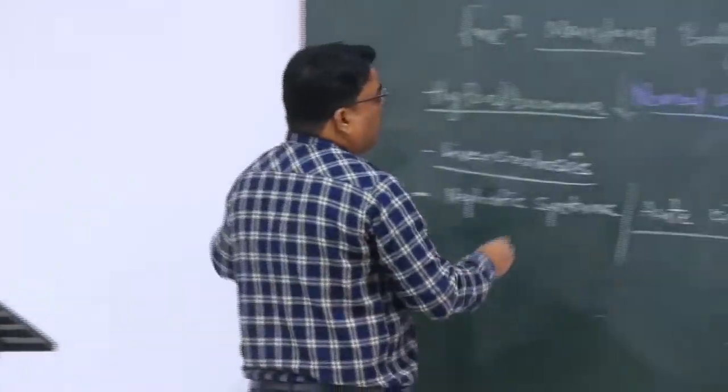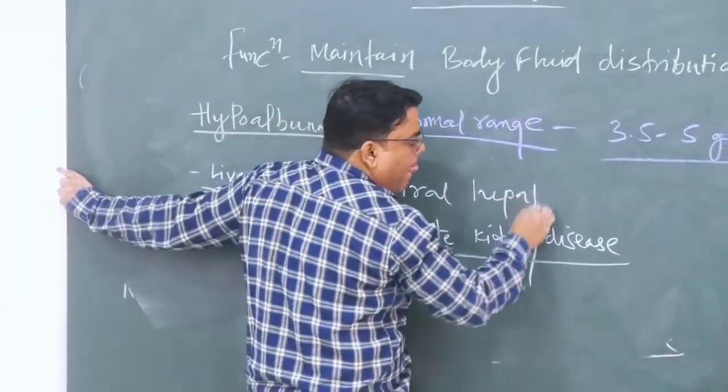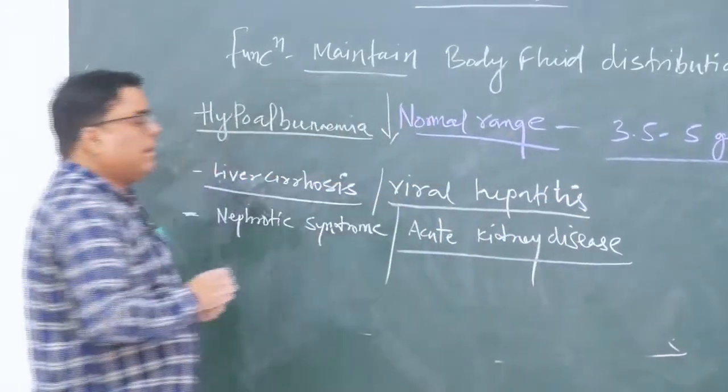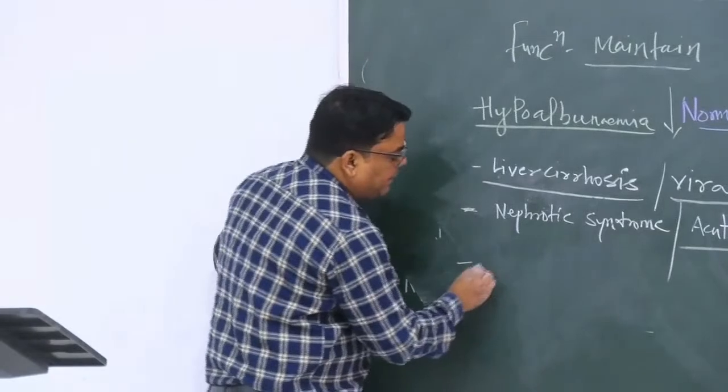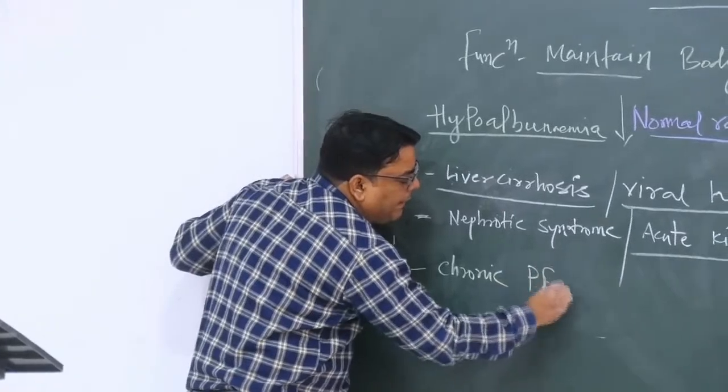The major part of the albumin is lost in the urine during proteinuria. Viral hepatitis is also a major cause. Hepatitis, viral hepatitis, liver cirrhosis is the first cause, second cause is nephrotic syndrome, and third major cause is chronic PEM.